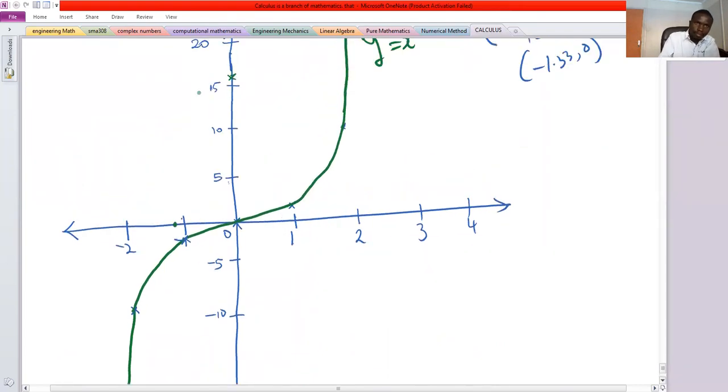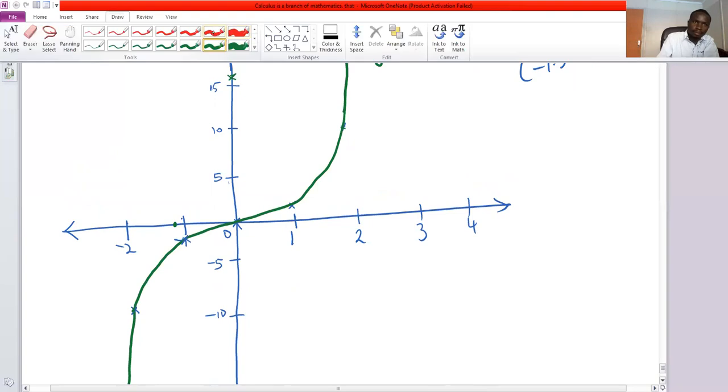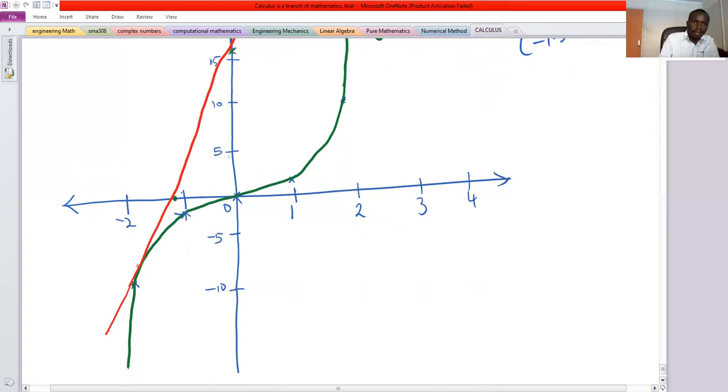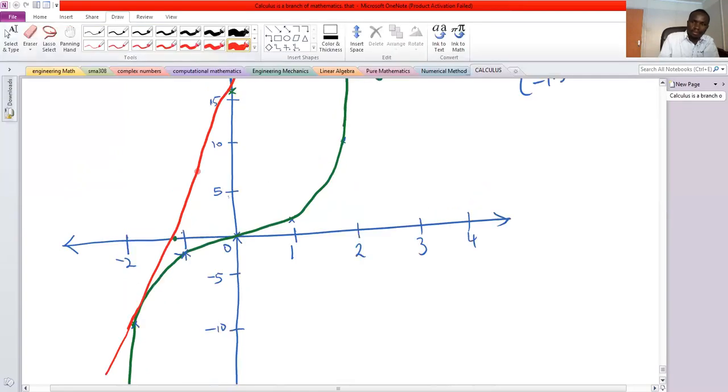So that will be the tangent line to that given graph.